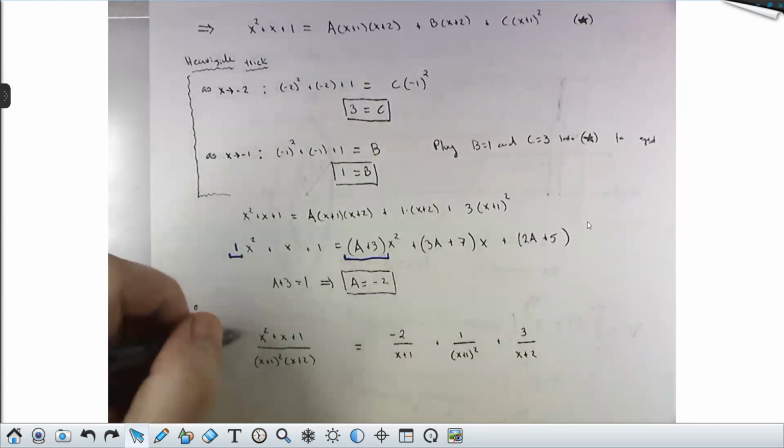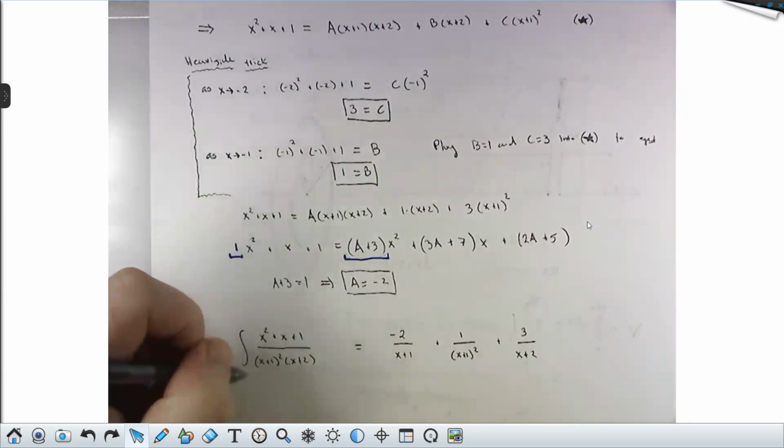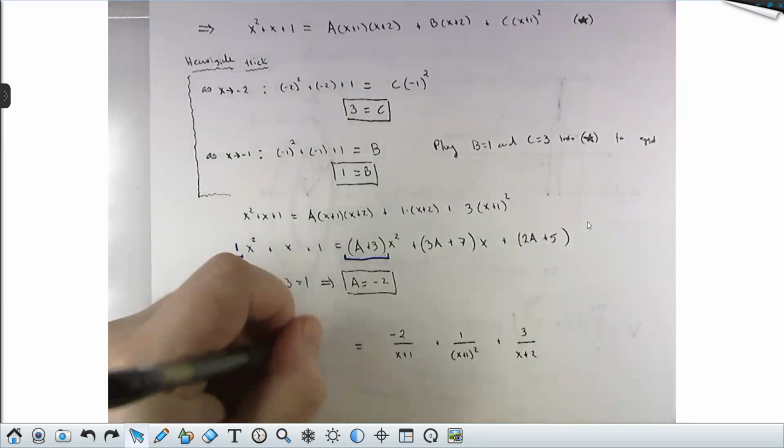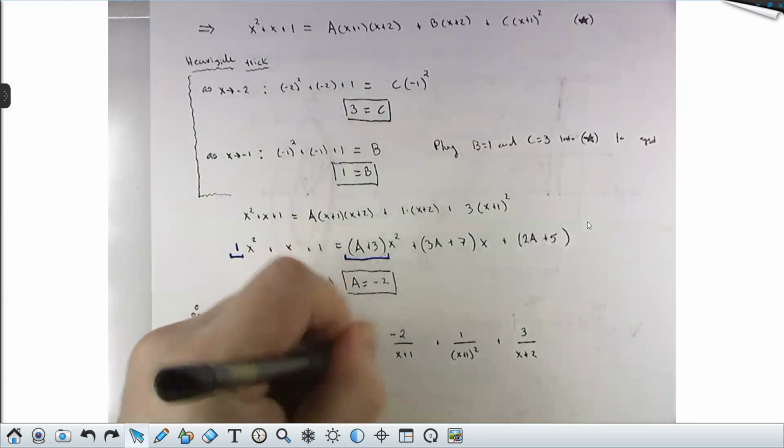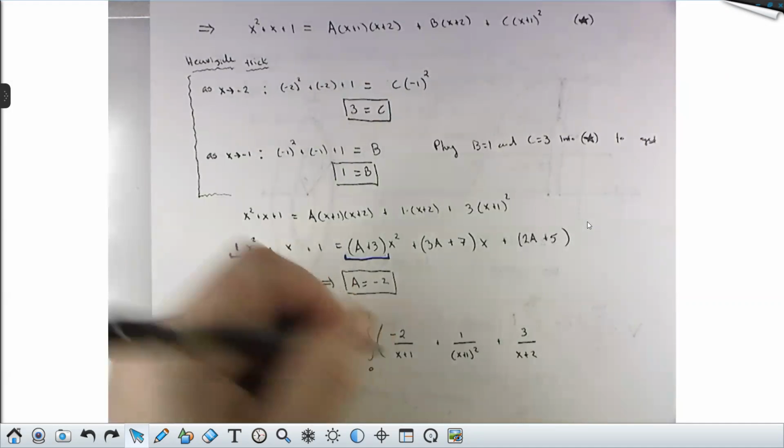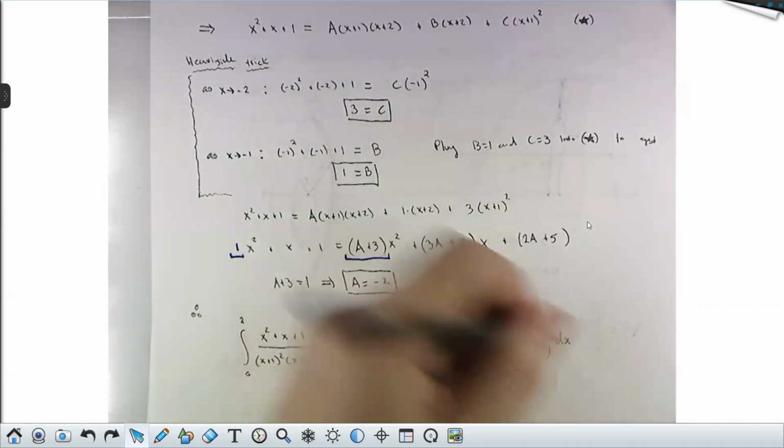Which means the integral from 0 to 2 of this guy dx is equal to the integral from 0 to 2 of this guy dx.